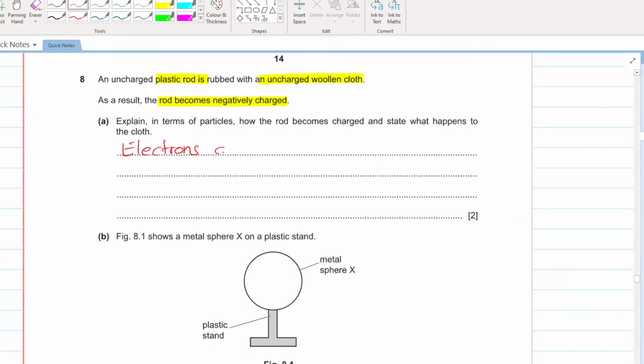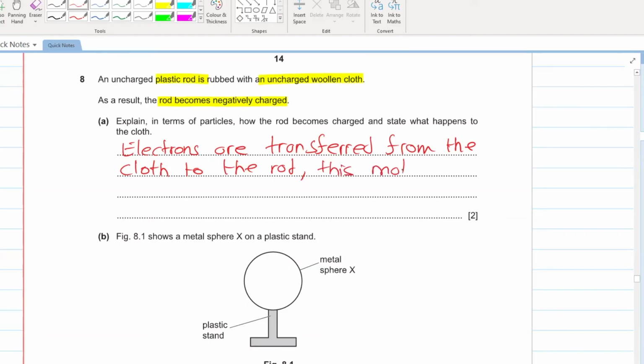Electrons are transferred from the cloth to the rod. This makes the rod negatively charged.